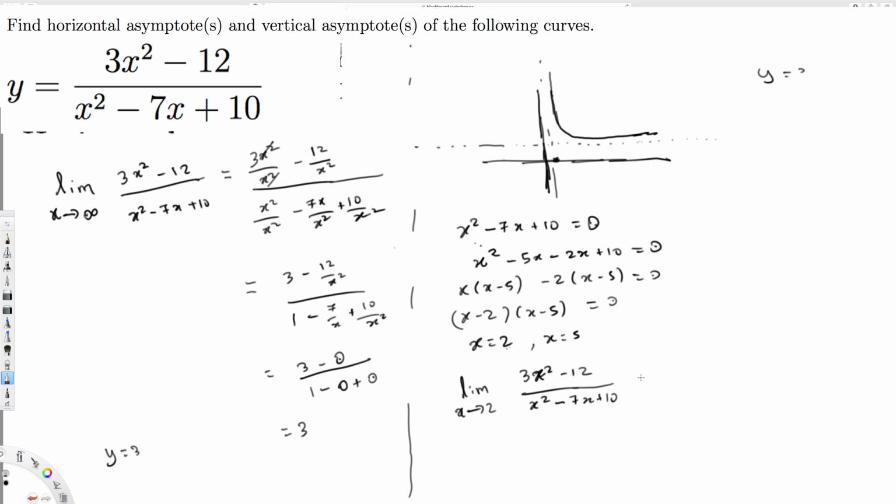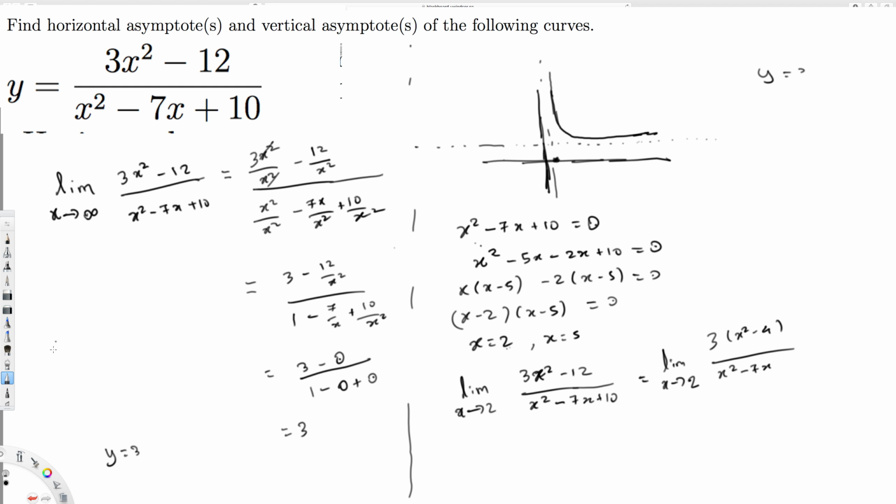So if I factor this, I will get limit x approaches 2, and if I take the 3 common, I get x square minus 4 over x square minus 7x plus 10.